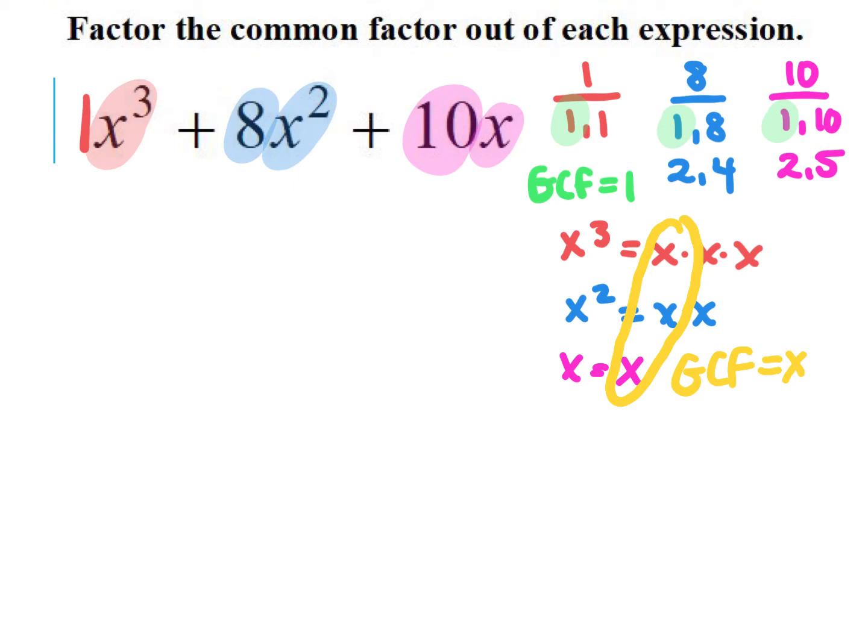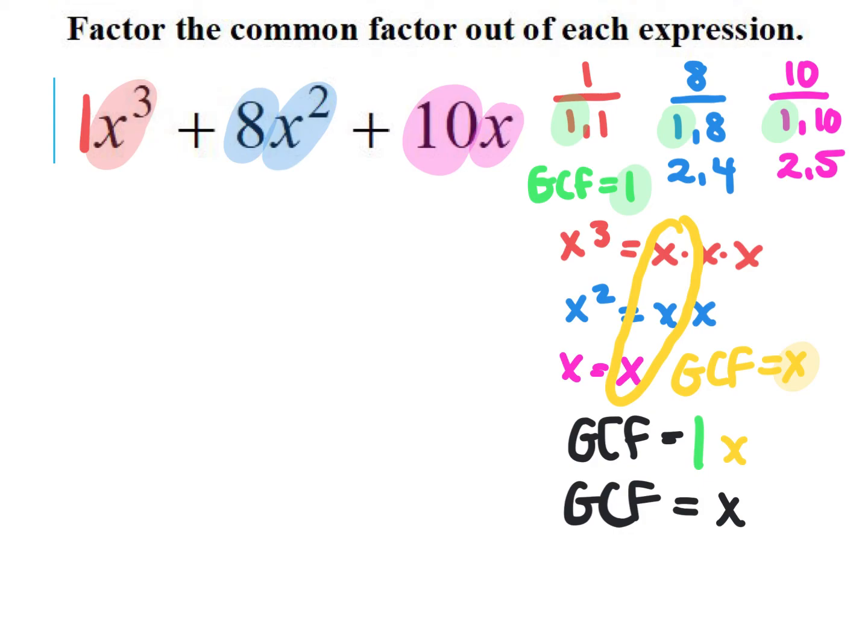Now lastly, when I put this all together, I combine the greatest common factor of the numbers, which is 1, with the greatest common factor of the variables, which is x, and I can rewrite this as my greatest common factor is just x, because the 1 I don't need to include.